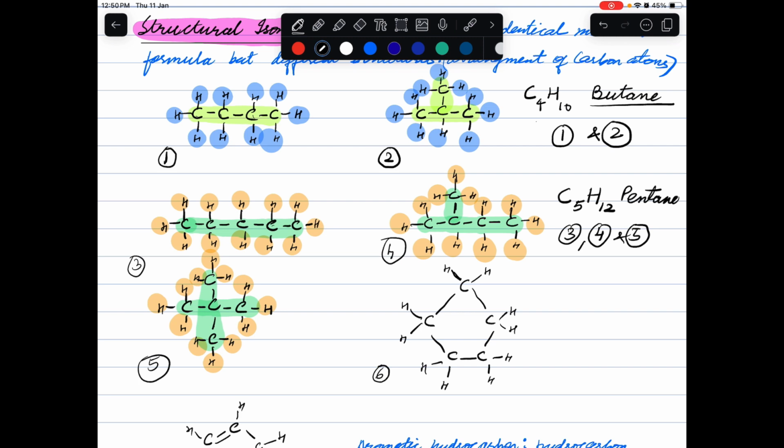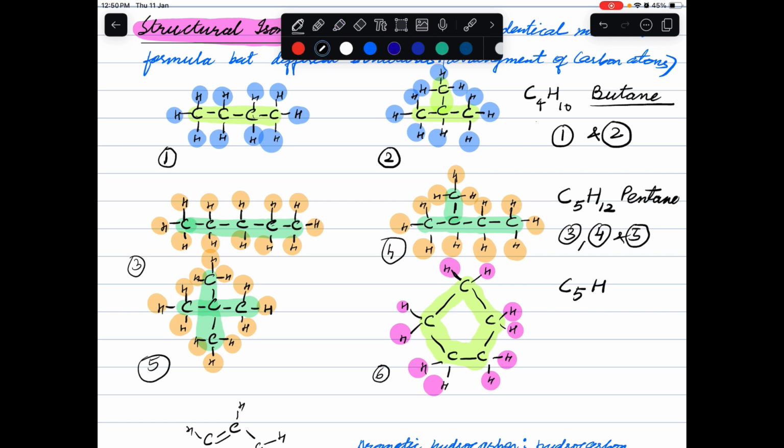Now have a look at the last structure. Here also we have 5 carbons, so the formula will be C5 again. Now count hydrogen atoms: 1, 2, 3, 4, 5, 6, 7, 8, 9, 10.